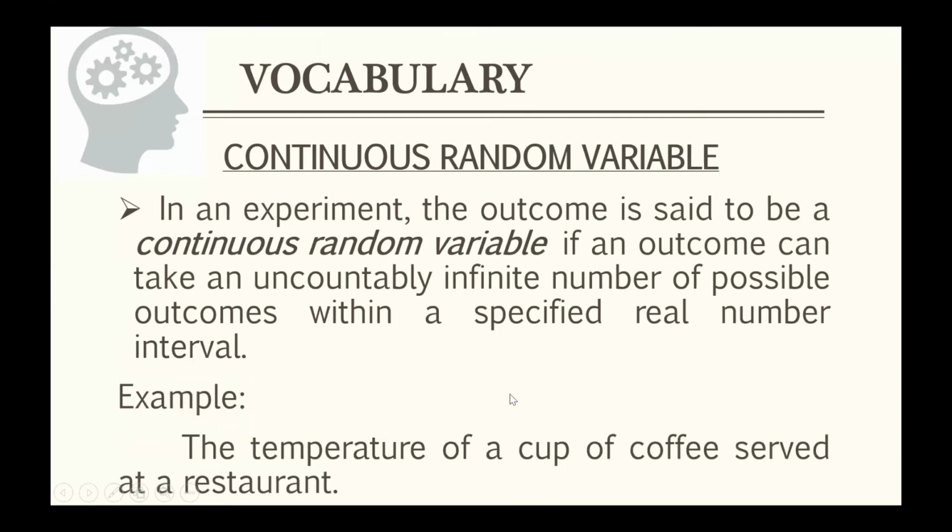Example, the temperature of a cup of coffee served at a restaurant. In this event, the temperature of a cup of coffee is an example of continuous variable. Therefore, this statement is an example of continuous random variable.